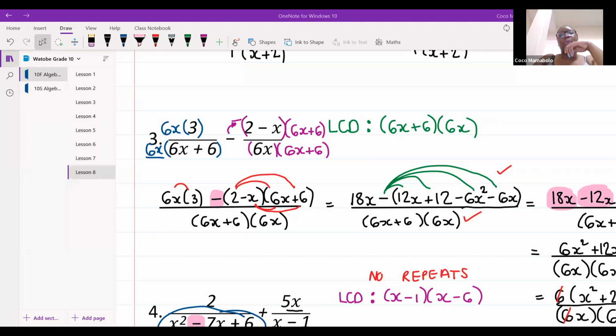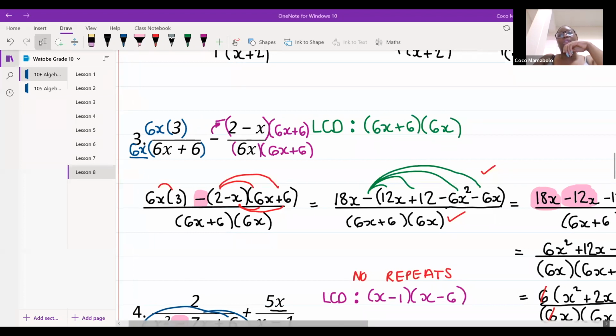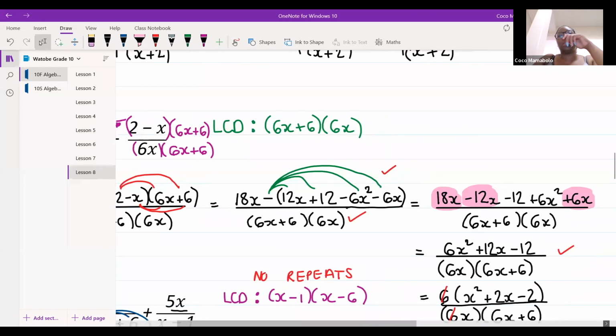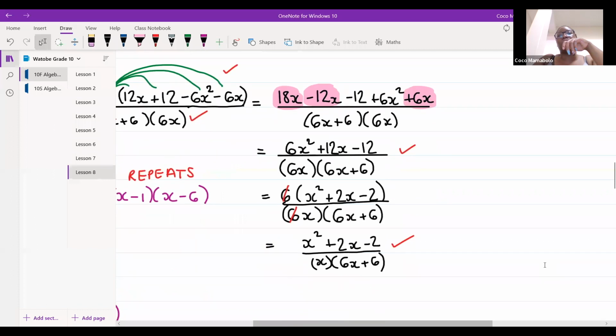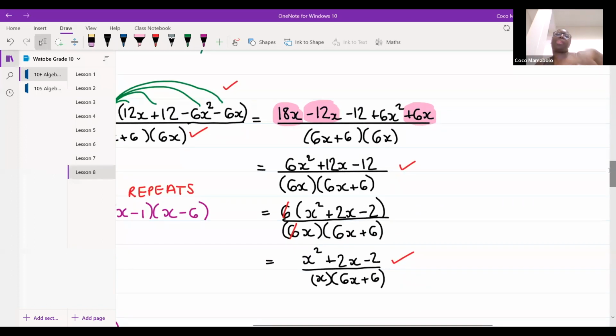Five, 4, 3, 2, 1. I'm moving over all the way to the side. Take another screenshot of the answer over here. 5, 4, 3, 2, 1.